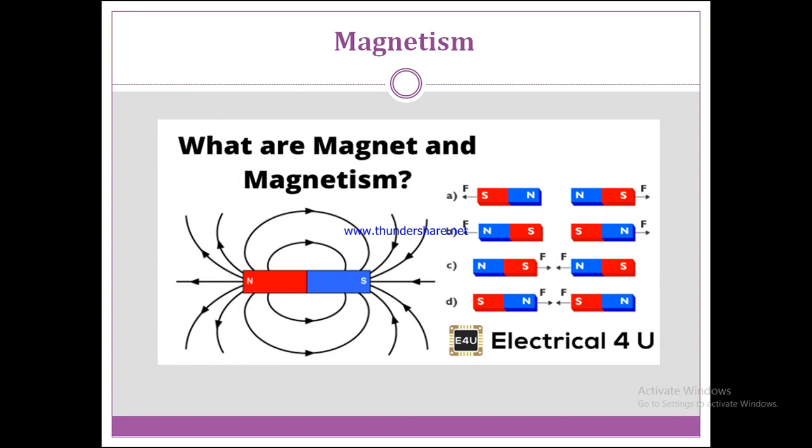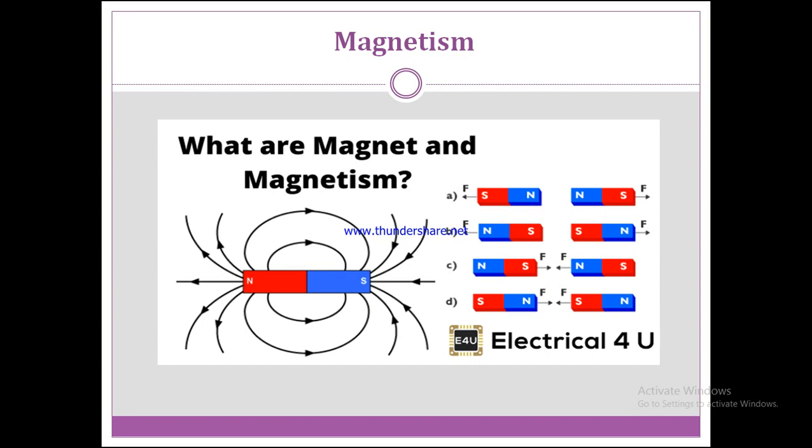Over here, one magnetic material or one magnet has two types of poles: north, indicated by capital N, and south, indicated by capital S. The magnetic field produced along with this magnet is indicated with curved lines called magnetic flux lines, with the indication of an arrow.